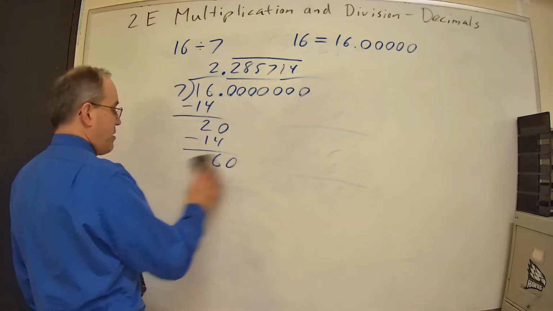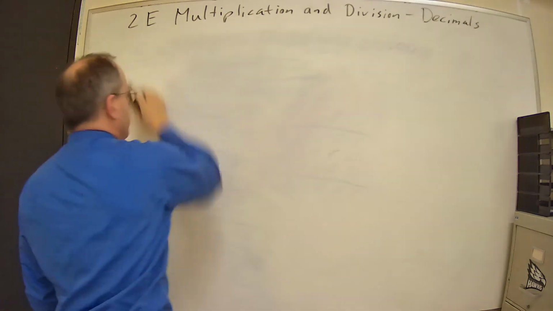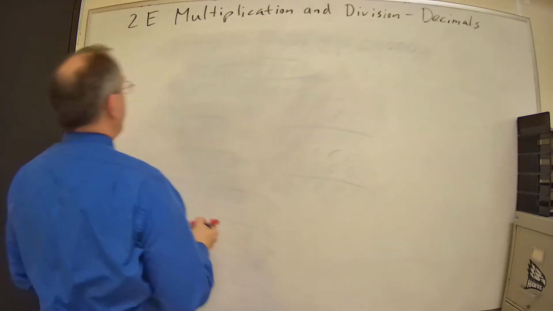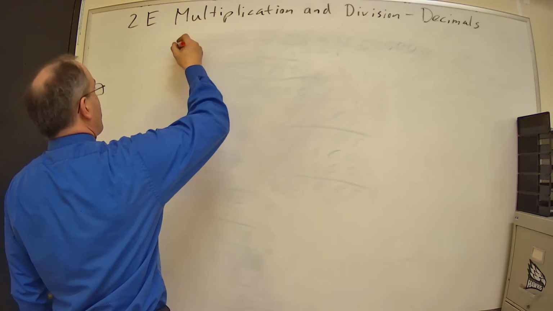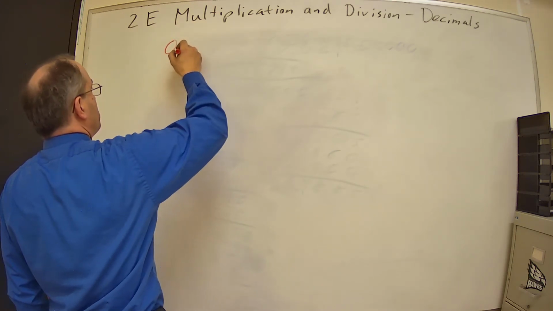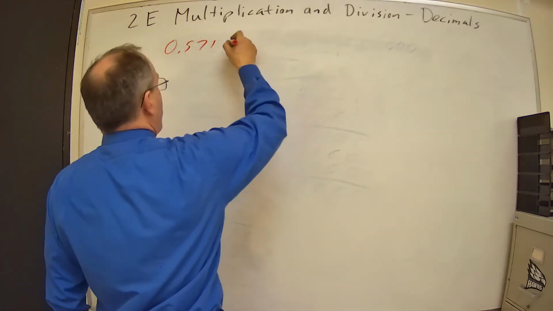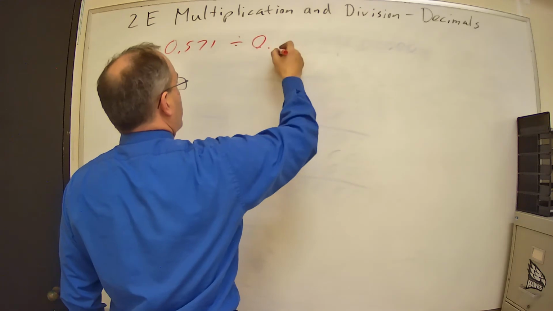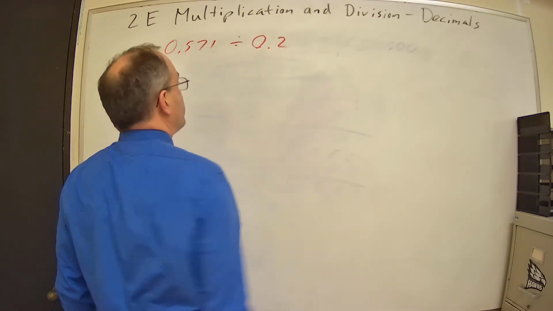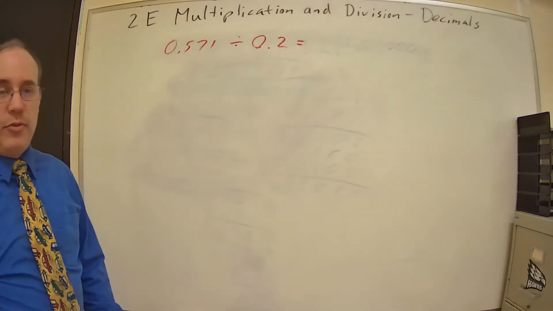So let's look at dividing a decimal. What if I have 0.571 divided by 0.2? So I have a decimal divided by another decimal.